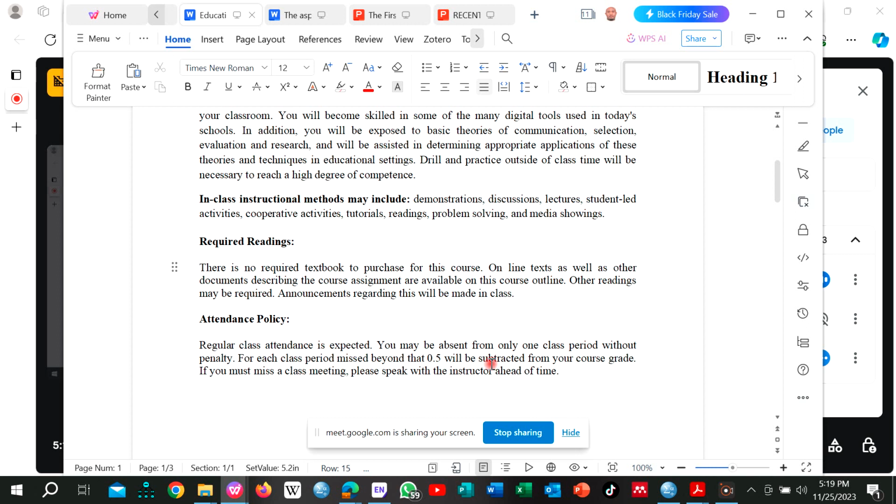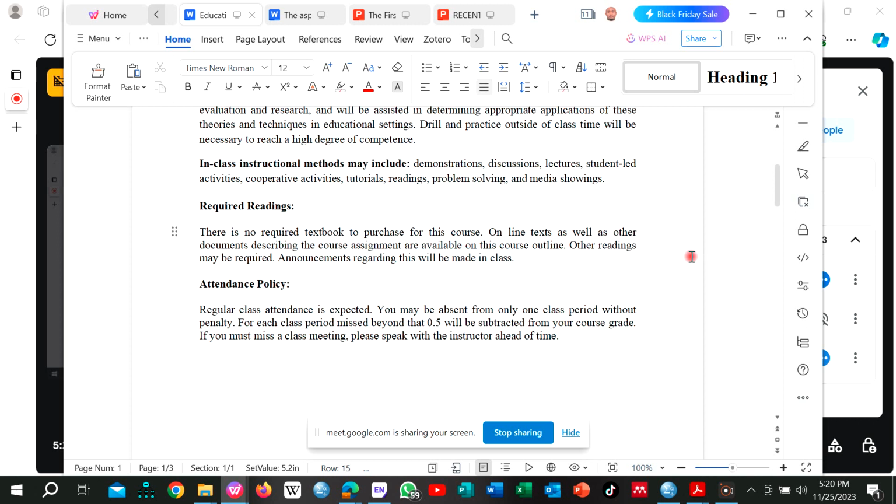I'll be using this book and other documents that talk about this course. I'll always make them available, and I've put some of the readings on this course outline. So sometimes I'm going to ask you to check the course outline and do a little bit of reading.